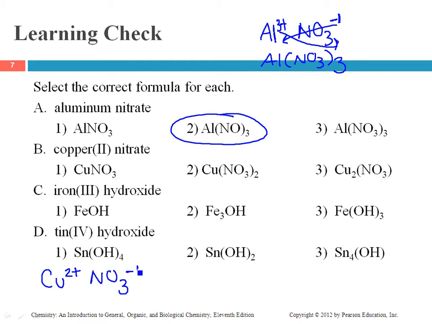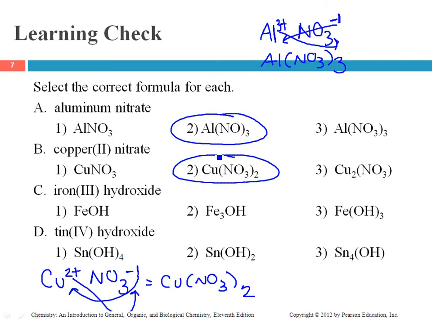So we're going to swap these numbers, and we end up with this. For every 1 copper, we need 2 nitrate polyatomic ions.